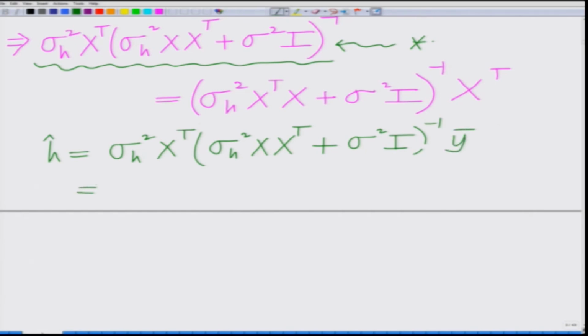I can equivalently write this as, now replacing star by sigma h square x transpose x plus sigma square identity inverse times, of course I am missing a sigma h square here because I am multiplying both sides by sigma h square. So, times sigma h square, which is a scalar quantity.